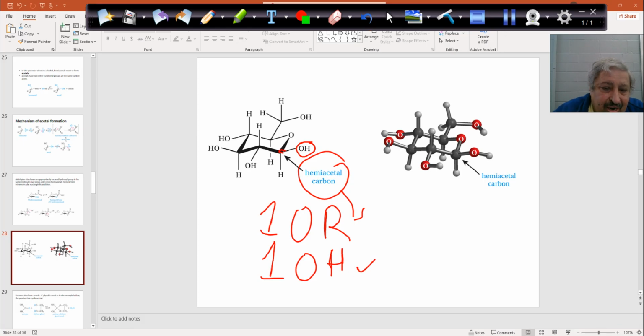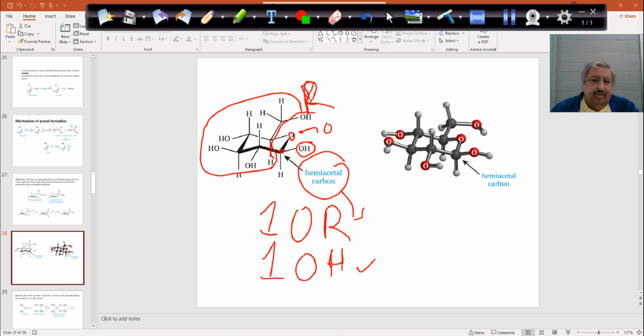And it has OR, so O here, and the rest of the molecule is R. So it has one OR and one OH. Okay, guys? So that's a hemiacetal carbon. It has one OH, and then OR: you have an oxygen, and the rest of the molecule is R.